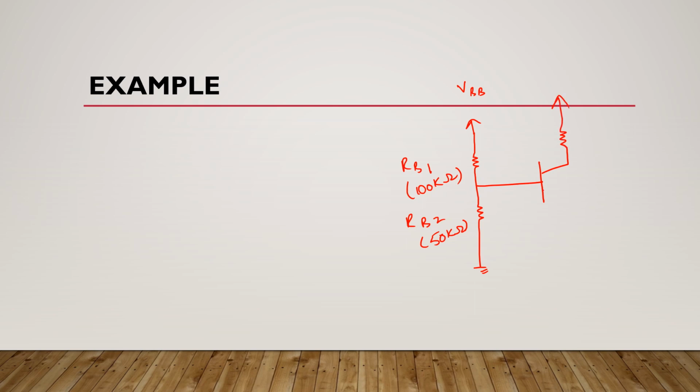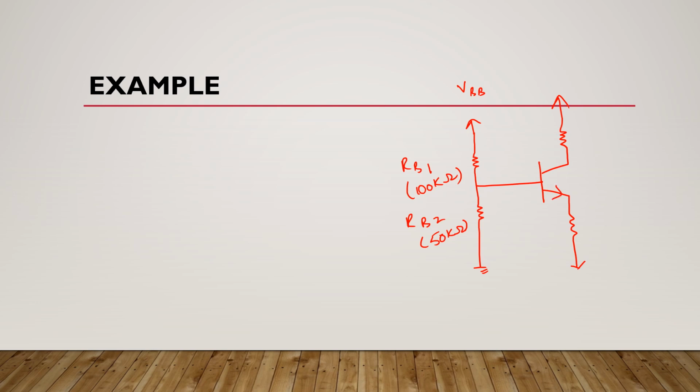Now look at this example. If you have a circuit like this, where this is VBB, this is RB1, which is 100 kilo ohms, this is RB2, which is 50 kilo ohms, and here you have this NPN configuration.